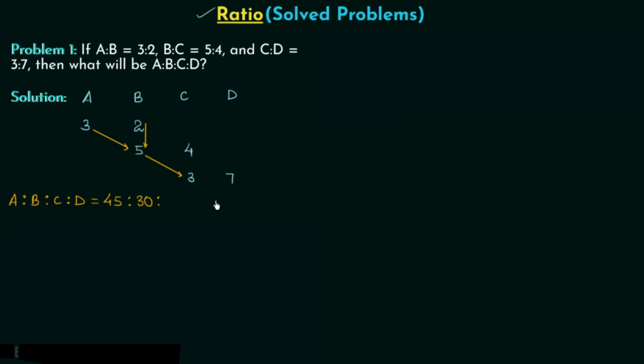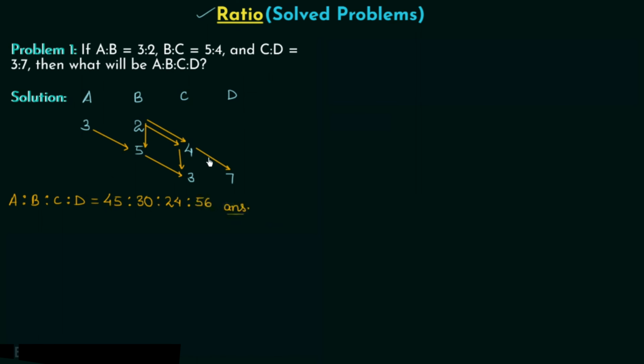The third term will be 2 multiplied by 4 and then the result multiplied by 3. 2 times 4 is 8, 8 times 3 is 24. And the fourth term is 2 multiplied by 4 and the result then multiplied by 7. This will give us 56. So this is our answer.